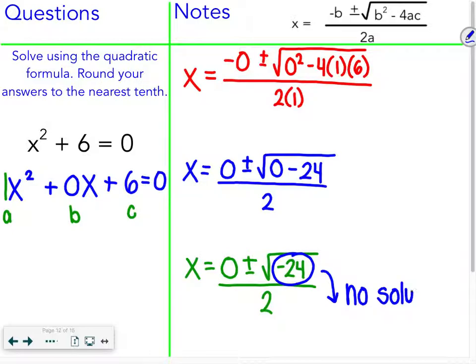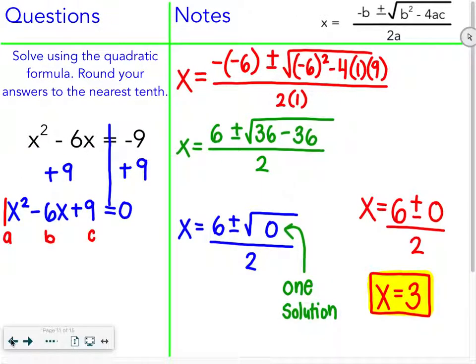You cannot take the square root of a negative number, so it wouldn't be possible to do 0 plus the square root of negative 24, because you would get an error in your calculator. You can't take the square root of a negative number. So if your discriminant, the number underneath the square root, is negative, you are going to end up with no solutions.